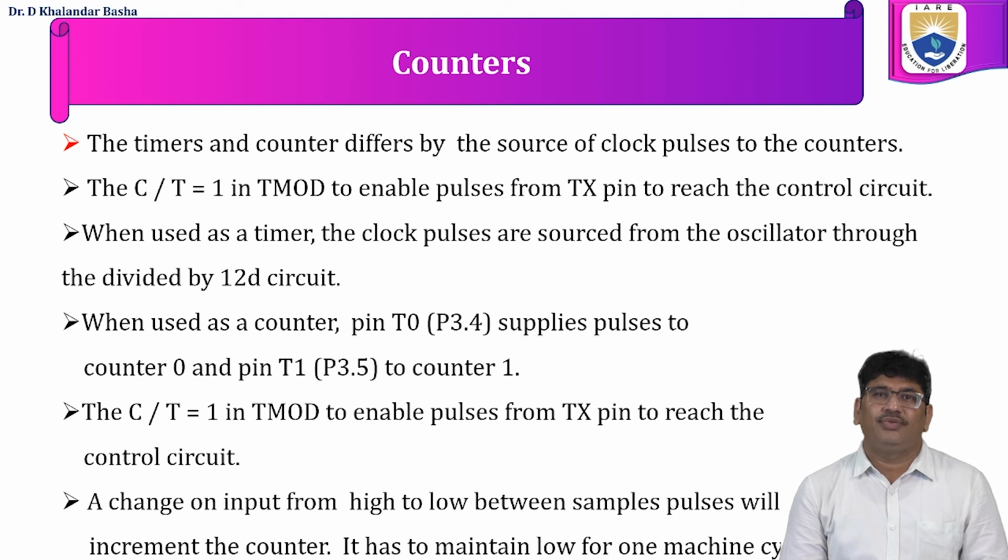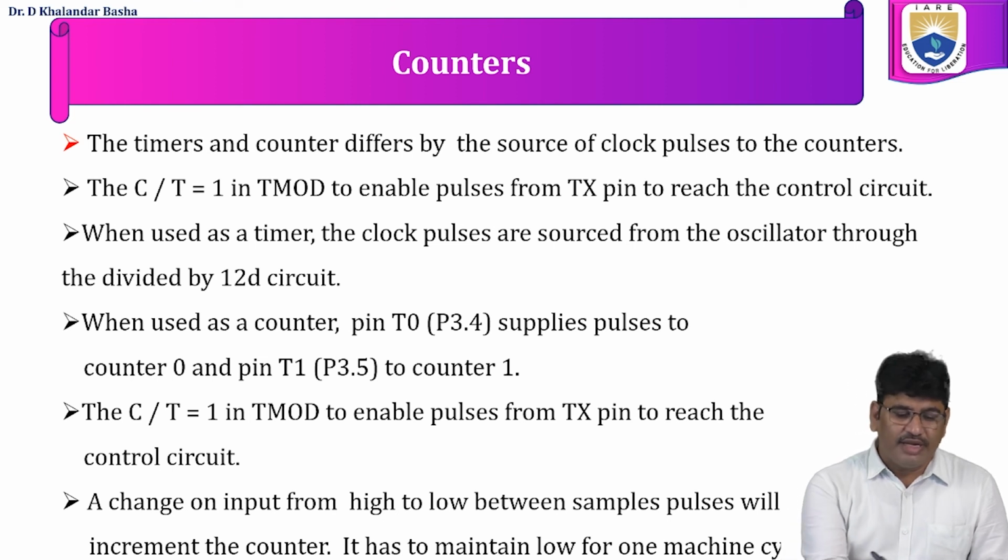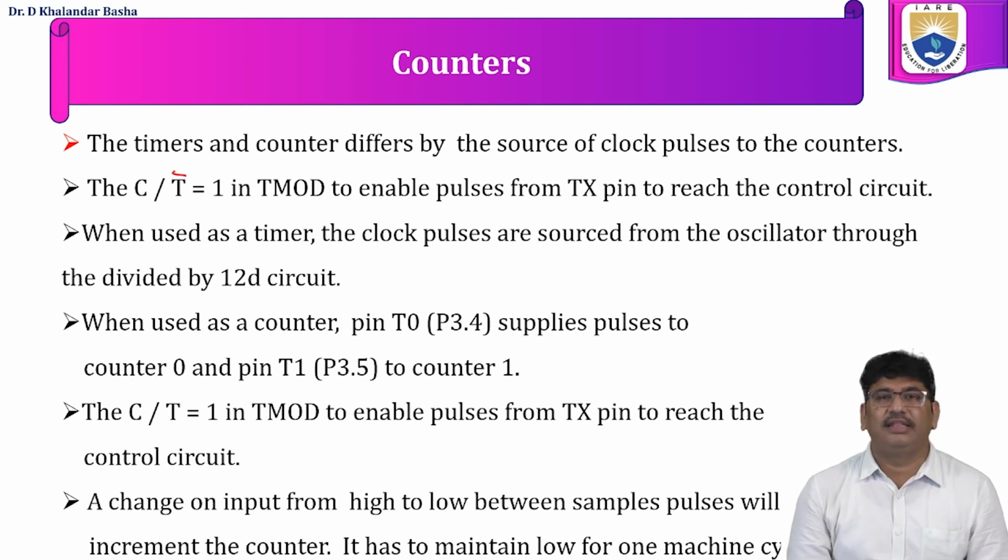The other application for the timers is that we can program these timers as counters. The timers and counters differ by the source of clock pulses to the counter. If the C/T bar is equal to 1 in the TMOD register, it will enable the pulses from the TX pin to reach the control circuit.